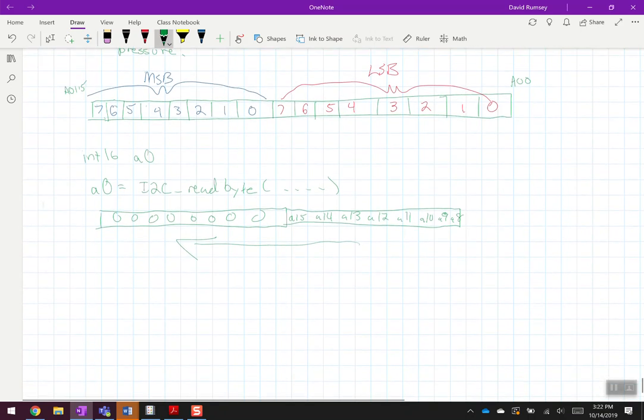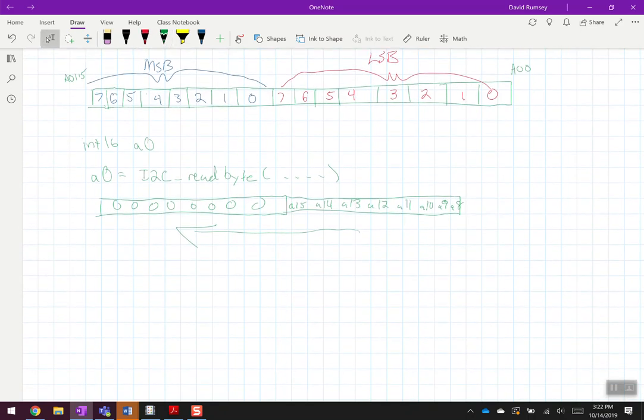And so what we do here is we actually just do A0 is equal to A0, and then we do the double less than signs, and this stands for bit shift. You can think of these as arrows.